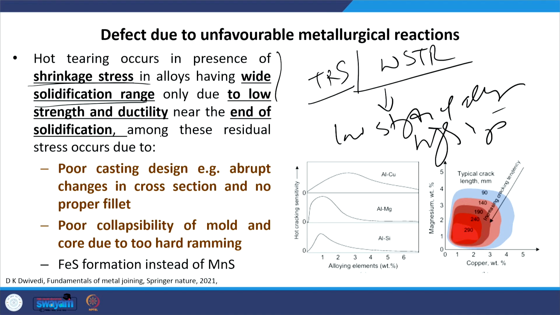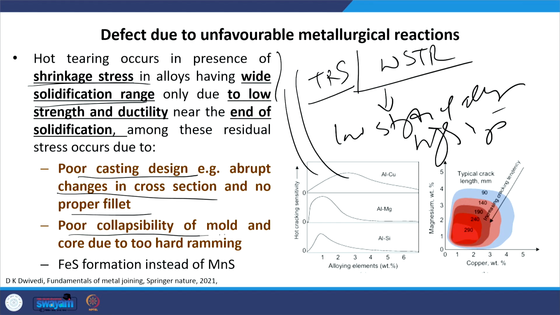So, what are the causes leading to this kind of situation? Poor casting design, resulting in an abrupt change in the cross section without proper fillet. This will promote stress concentration being set up due to the shrinkage.